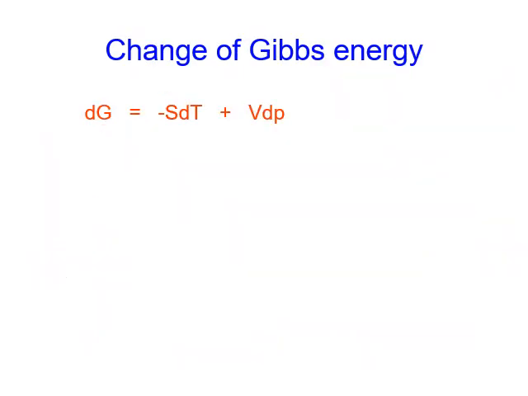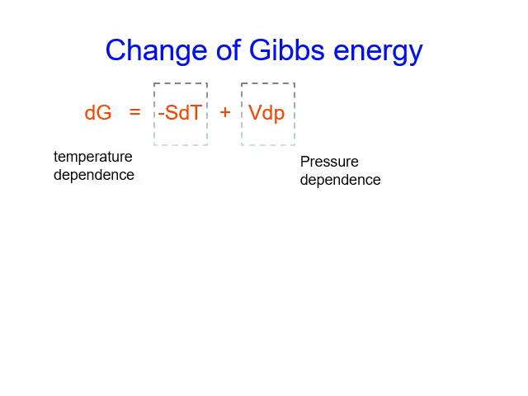In summary, in this chapter, we have derived several differentials, and one of the most important is dG equals negative SdT plus Vdp. This equation tells us how Gibbs energy changes with temperature and with pressure. We showed that for solids and liquids, when pressure changes, the Gibbs energy change is simply volume times pressure change.